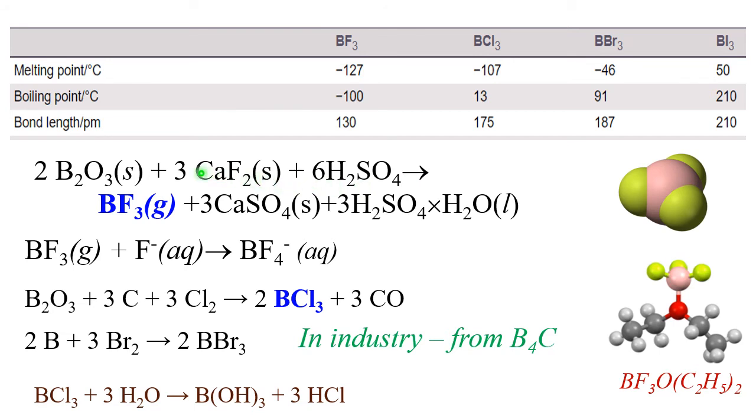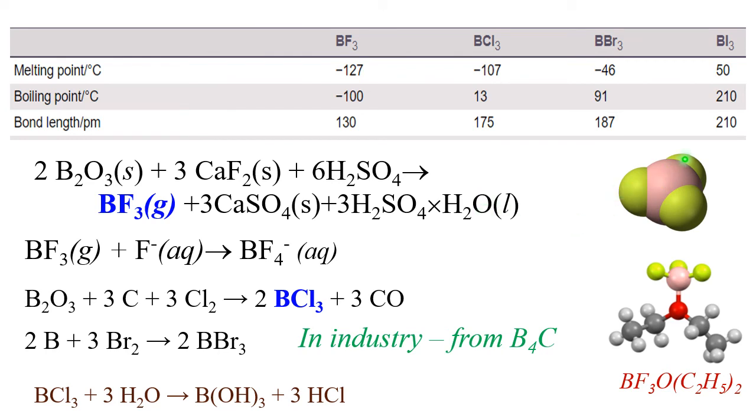In fact, by this reaction, we are making hydrofluoric acid, which in turn reacts to make BF3 gas that runs away from the reaction mixture, and then calcium sulfate solid. You remember it's a poorly soluble solid that remains, and some water is retained as hydrate of sulfuric acid. Sulfuric acid loves water, so this molecule will not run away.